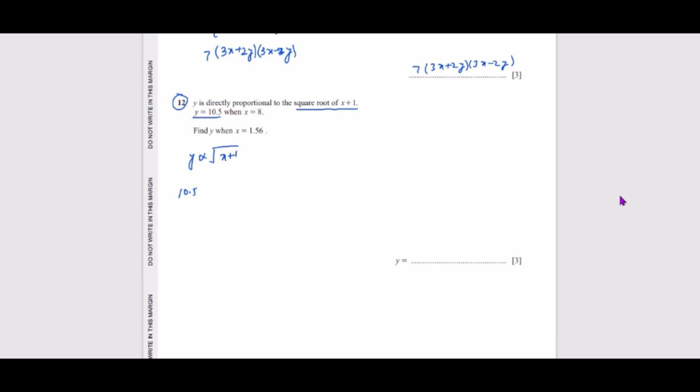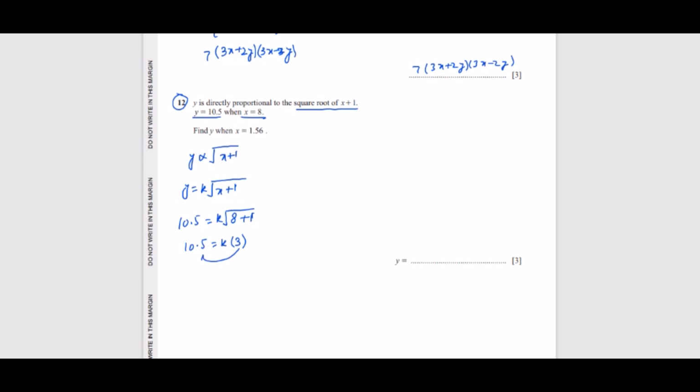First of all, it should be written in equal form. So y is equal to k square root x plus 1, where k is a constant. Putting the values, y is equal to 10.5 when x is equal to 8, so 10.5 is equal to k into square root of 8 plus 1, that is equal to 9, and square root of 9 is equal to 3.